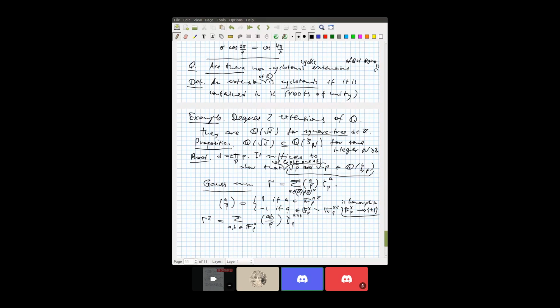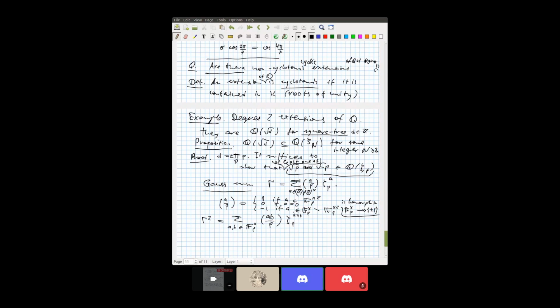Sometimes it is convenient to extend this to 0 by putting the symbol equal to 0 if a is equal to 0.